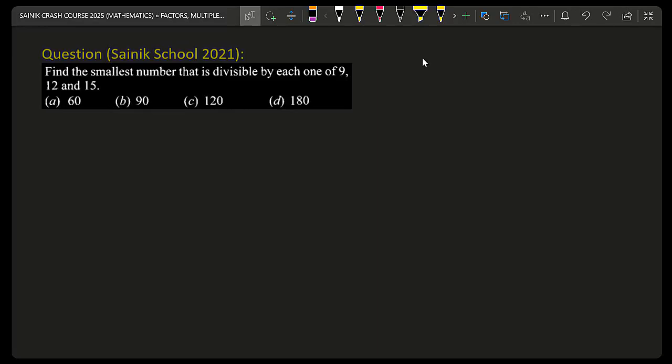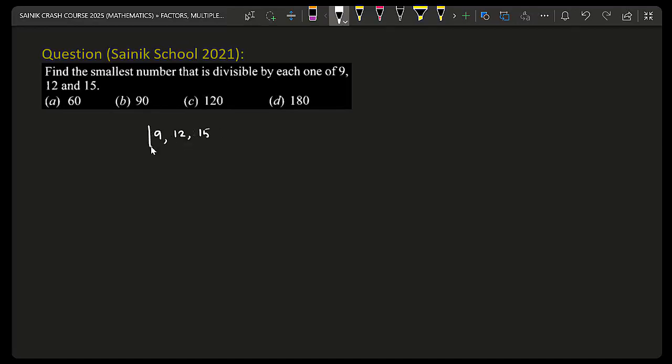Yes, sir. So Abhyuday, can you help me in finding the LCM of these three numbers? Which method can we use to find the LCM of 9, 12, and 15? Common division method. Yes, we'll go for the common division method: 9, 12, 15.